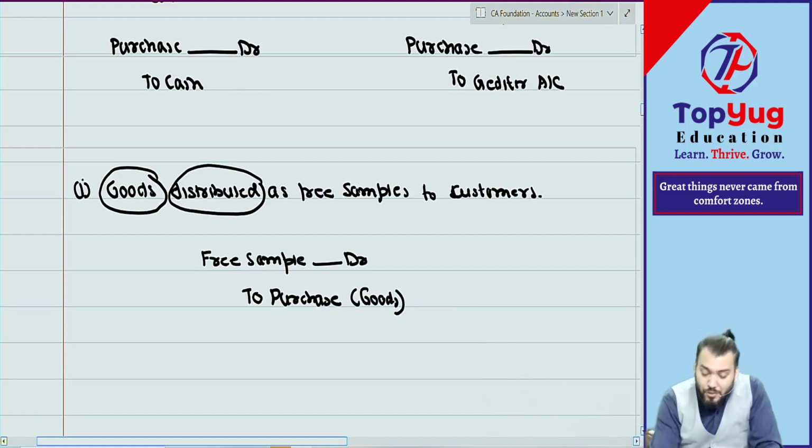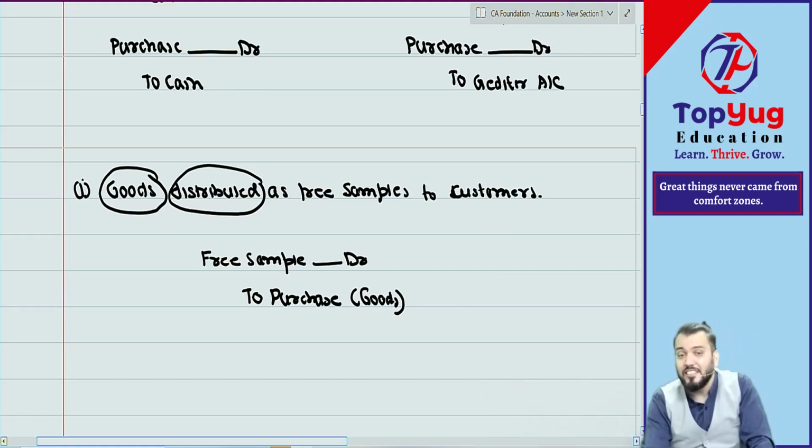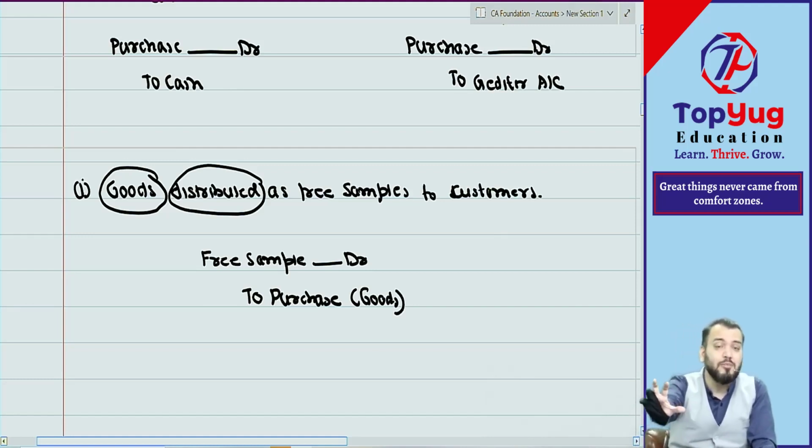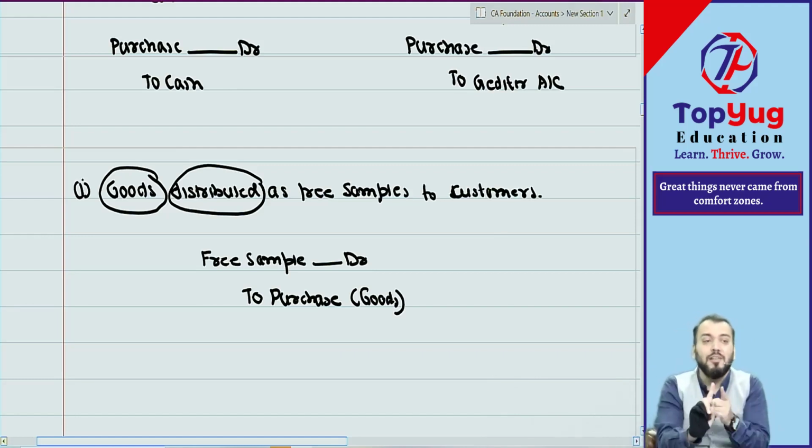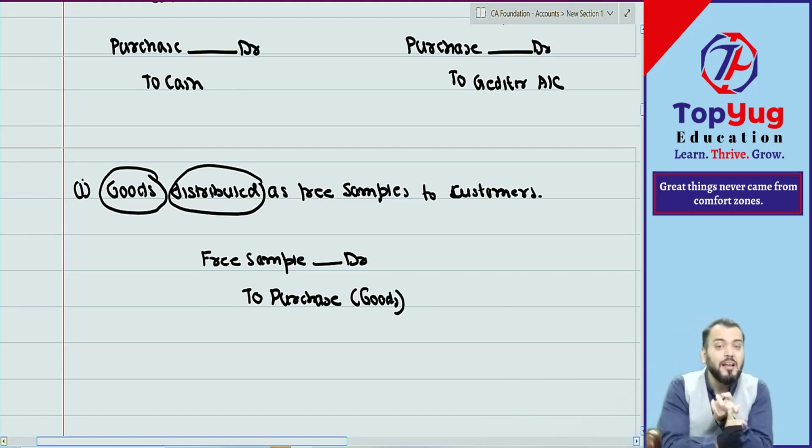Once again, don't use a personal account unless some amount is receivable or payable. You are saying customer account, which means you are not able to understand my emotions. I said use a personal account only when there is some amount receivable or payable.